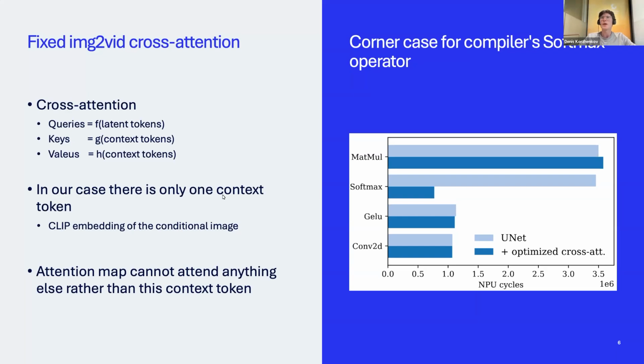And for smaller resolution, you can see on the right that the model without this optimized cross-attention requires so many softmax NPU cycles, but they are basically unnecessary. You can avoid them without any loss in quality and precision. You can just remove it. After we realized that this can be done and applied this optimization, we finally unlocked the on-device deployment of the model. And all the further optimizations only targeted the decrease of mobile latency to produce the video.